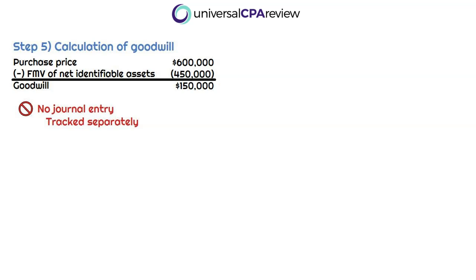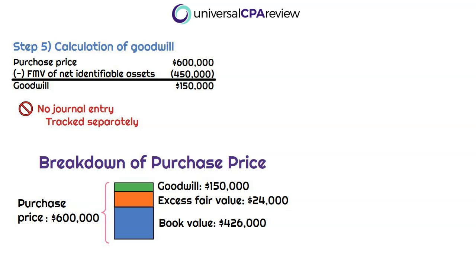Now, how can we break down the purchase price to understand this? Well, remember our purchase price again was $600,000. Well, we purchased a book value of net identifiable assets of $426,000. And then basically that excess amount to get up to fair value was $24,000. So that takes us up to $450,000. And then goodwill was the remaining $150,000, right?